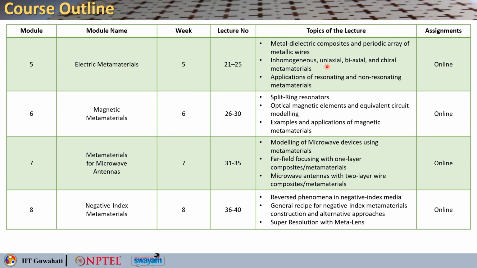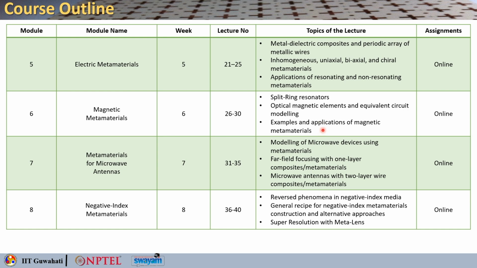We'll discuss inhomogeneous, uniaxial, biaxial and chiral metamaterials, and applications of different resonating and non-resonating metamaterials. In module 6, which will be in week 6 as well, we'll focus mainly on magnetic metamaterials. We'll start our discussion with split ring resonators, optical magnetic elements and their equivalent circuit modeling.